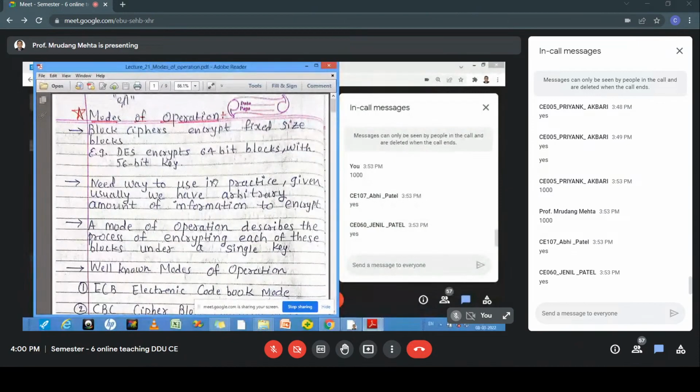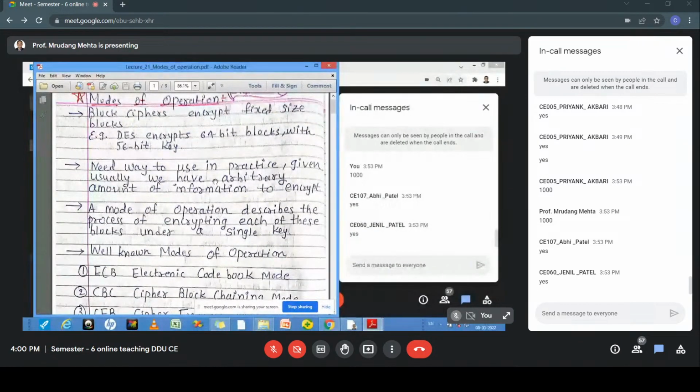As you know, block ciphers encrypt a fixed size block. DES uses a 64-bit block, and AES uses a 128-bit block. So in practice, what happens? We may not have blocks of this size.